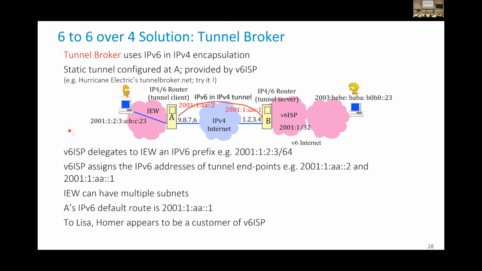So the IPv6 ISP must give you an IP prefix, and must give you also the IP addresses of the endpoints. And once you have statically configured all this, it is as if you had a long physical wire directly here, and you're connected to IPv6.